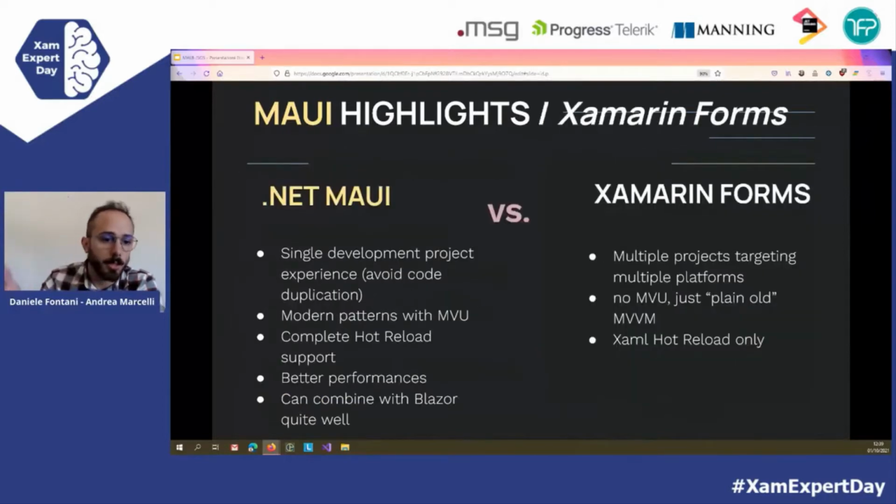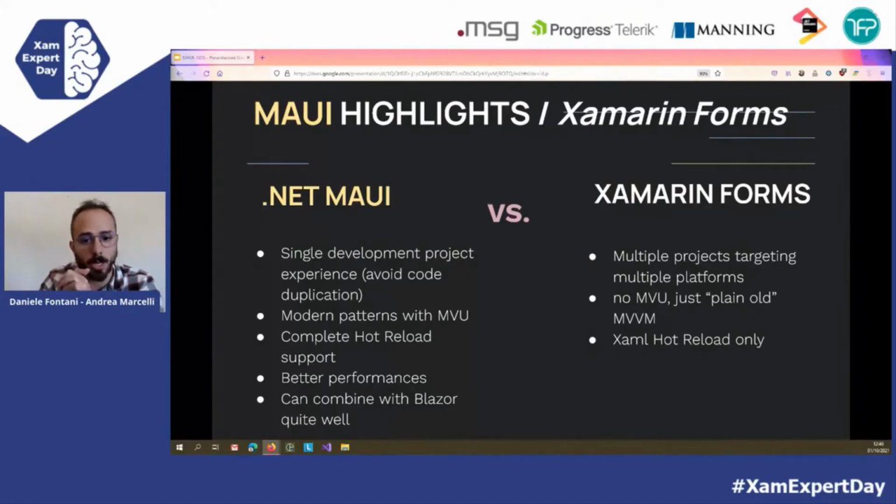So moving on, as I was mentioning, .NET MAUI is coming from Xamarin Forms as an evolution of the latter, and its main strengths are based on some good selling points, I'd like to say.